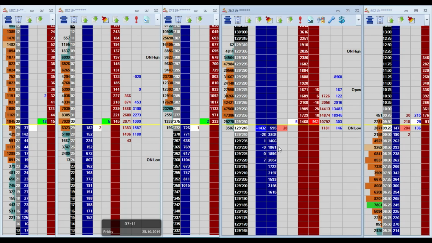That's what I look for anyway. I guess there's one more thing to look for, is just that the sellers aren't consistently attacking this level either. Yet.